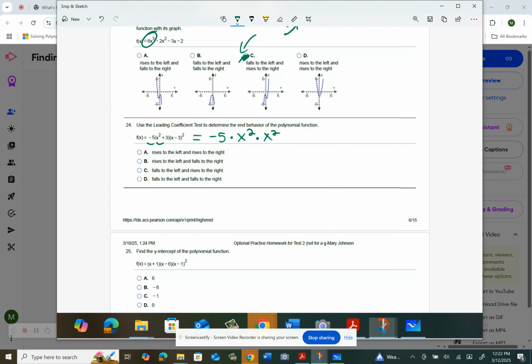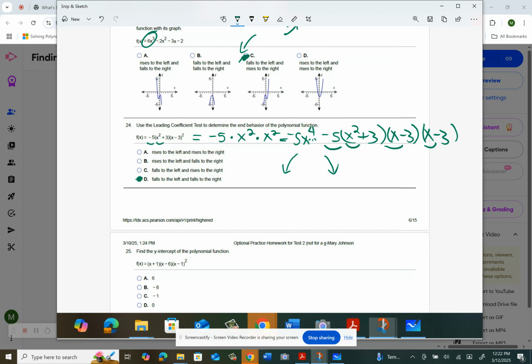So it turns out to be negative 5x to the fourth, really. If it's negative 5x to the fourth, you know it opens down because it's negative and even, so it falls to the left and falls to the right.